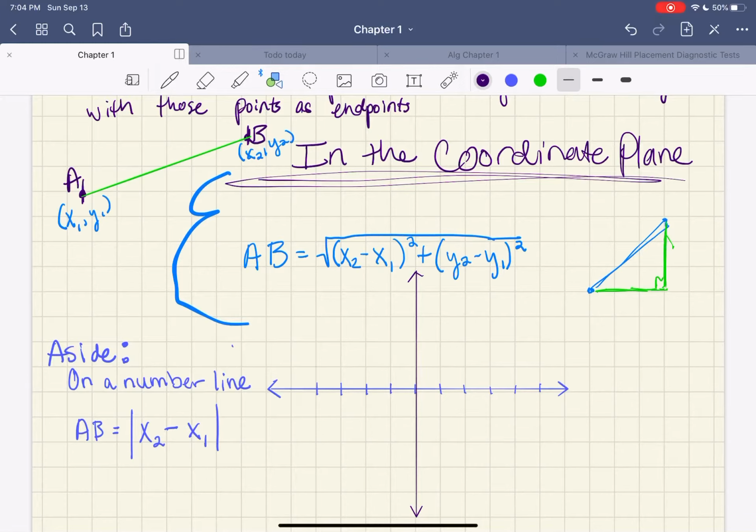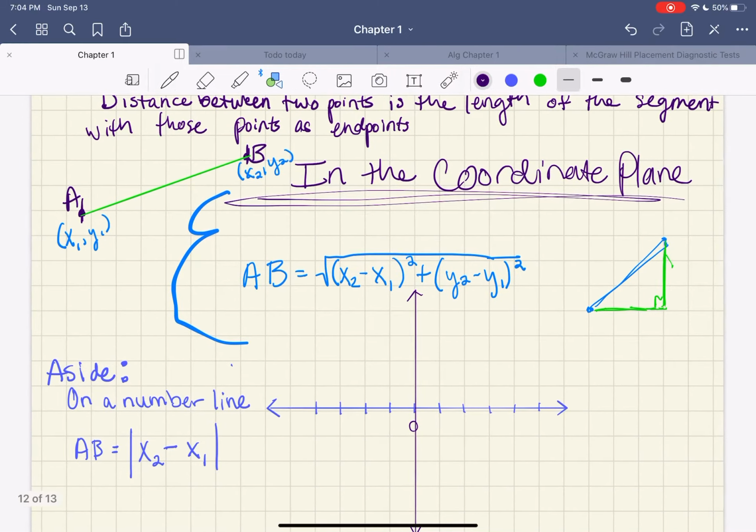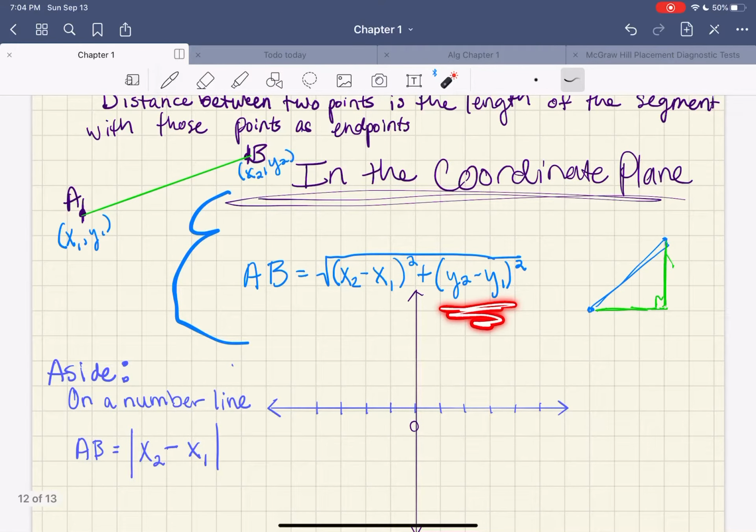That's basically what you were doing anyway. So now you're at 0, and all that means is that everything that you plug in for y would be 0. So you're going to essentially have nothing here. It's just going to be x2 minus x1 squared, and then square root, which is the same kind of thing as taking the absolute value. It's going to give you only positive numbers, and there you've got it.